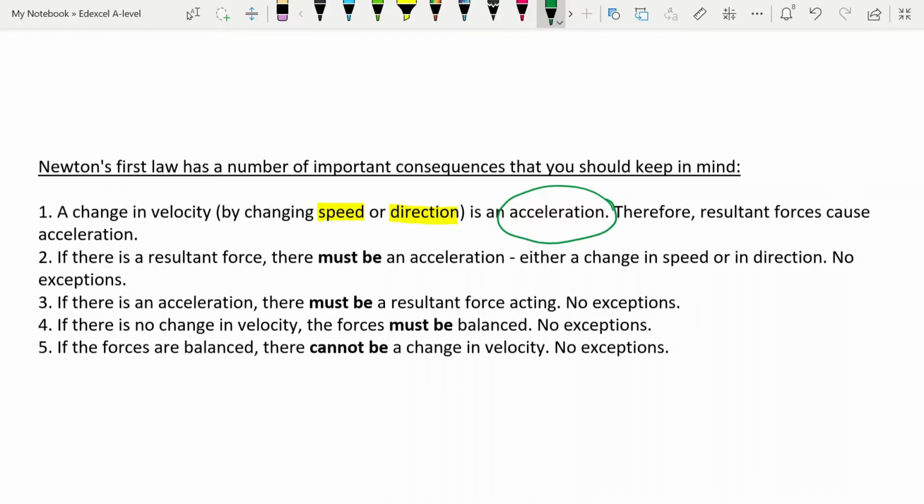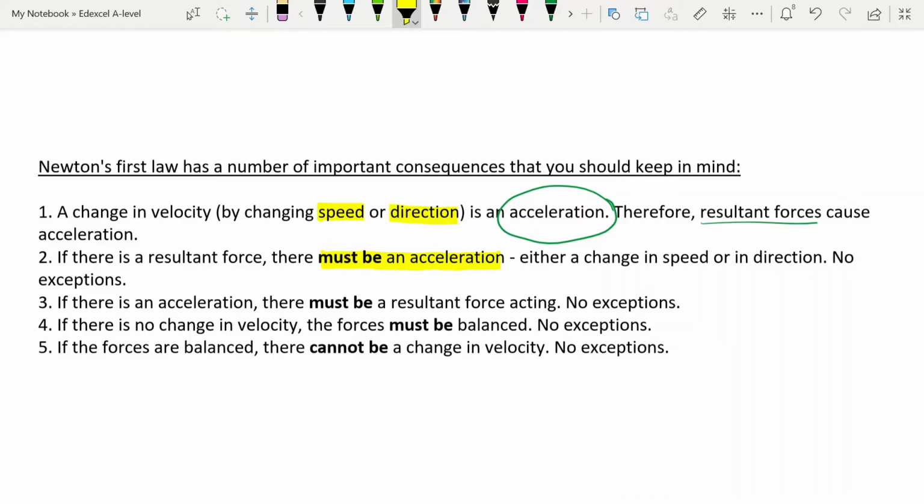Any change in velocity is an acceleration, and in order to have an acceleration, you must have a resultant force. If you don't have a resultant force, which is strictly what Newton's first law is about, no resultant forces, no acceleration, no change. If you do have a resultant force, you are always going to have an acceleration. There are no exceptions to this.